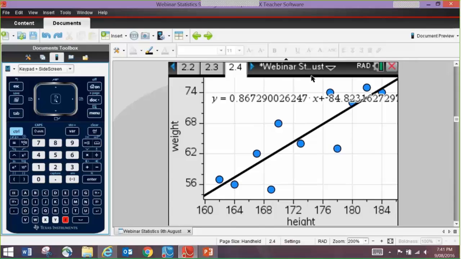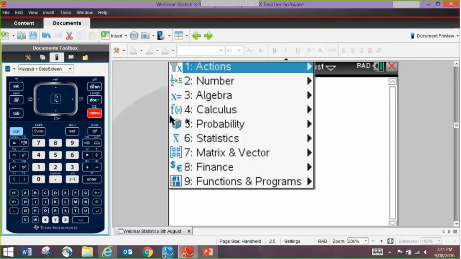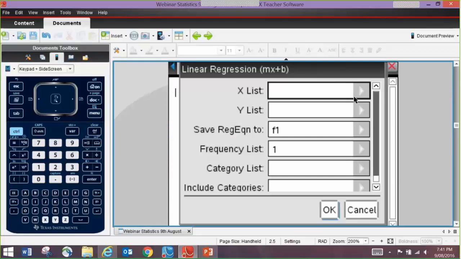Okay, so once we've got our regression line, I actually like to do the regression calculations not in the spreadsheet page, but in a calculate page, because as Virginia showed, it does save it to a function, and that can be really useful.